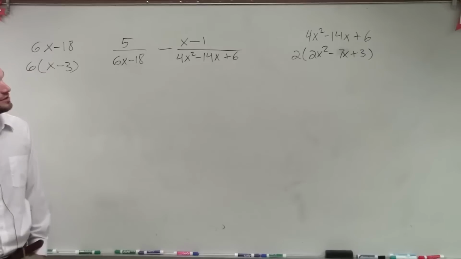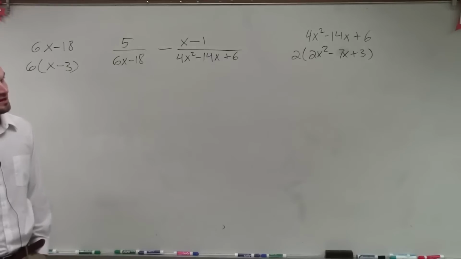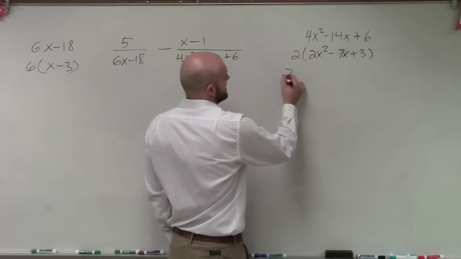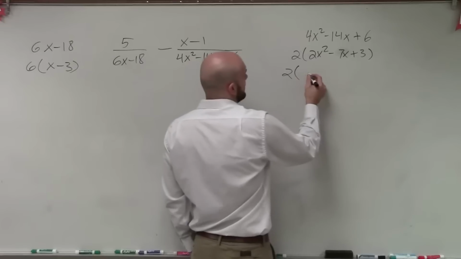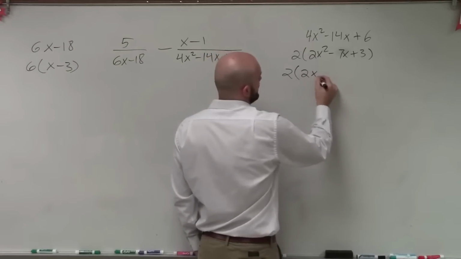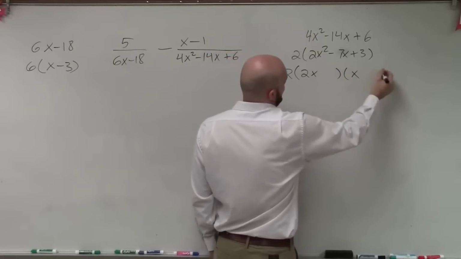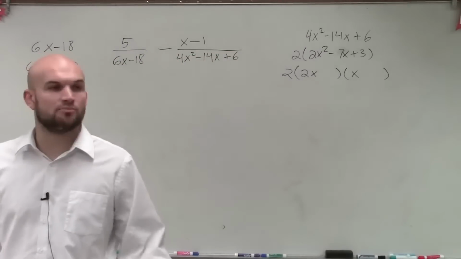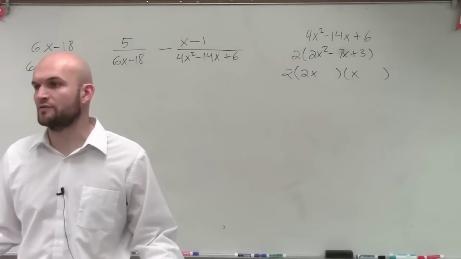So now what I can do is say, what two numbers multiply to give me positive 3. If I know this is 2x, then this has to be 2x, and this has to be x. So now I need to figure out what two numbers multiply to give me 3. It's either plus 3 and 1 or negative 3 and negative 1.